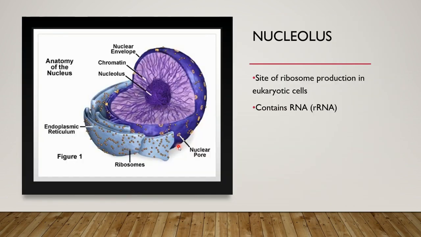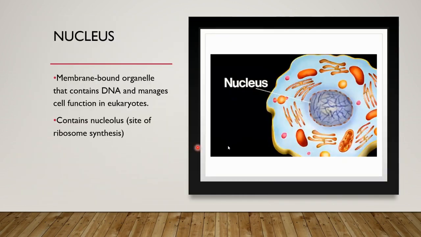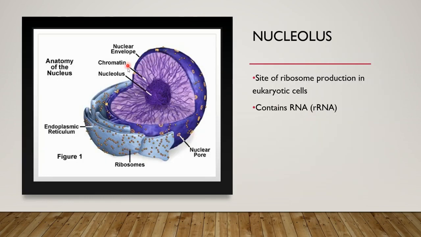Eukaryotes. Zooming in on the nuclear area, nucleus, you will find the darker turn inside of that has a core which is called the nucleolus. The nucleolus is important because this contains RNA, known as ribosomal RNA, and this is where ribosomes are produced.